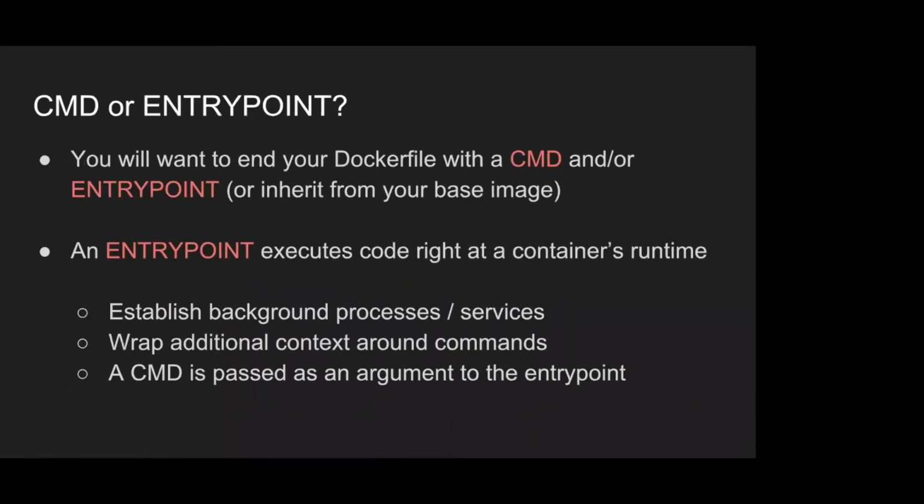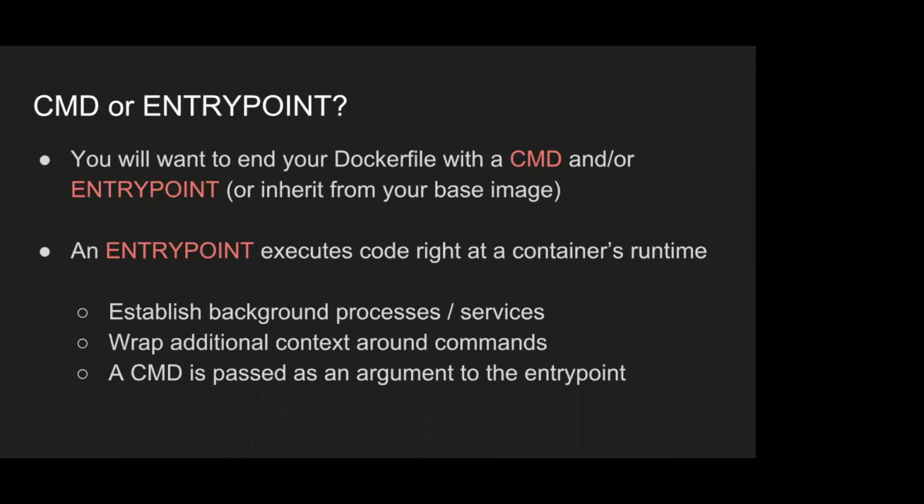The final part about a Docker file we talked about was that command line. So you will want to end your Docker file with either a command and/or an entry point, which we haven't talked about yet. If you don't define these explicitly, you're going to inherit the command or entry point from your base image. So that can be tricky because sometimes your base image will have an entry point. And I guess I should explain what an entry point is first.